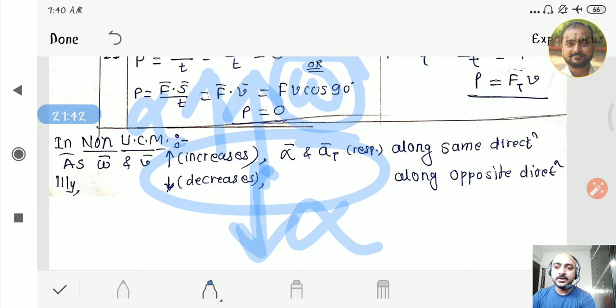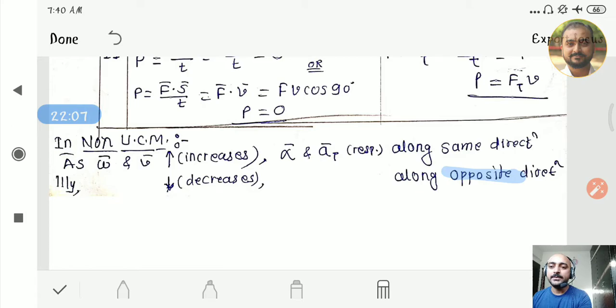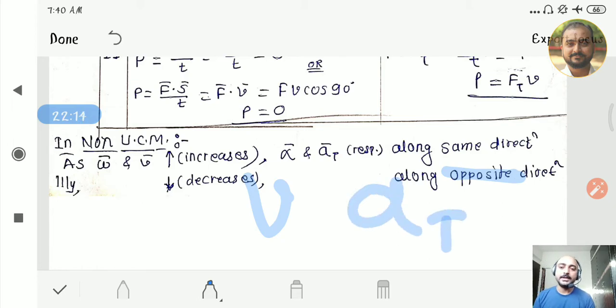Omega decreases means as you switch off the fan, it comes to rest, and so omega decreases and alpha has the opposite direction to omega. The same strategy we can apply between v and the tangential acceleration at.